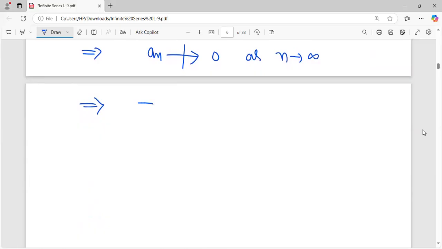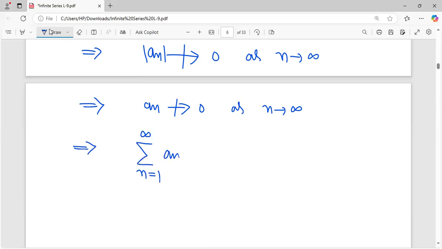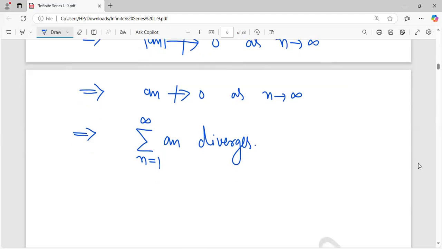So this implies this series, a_n, diverges. Okay, diverges.